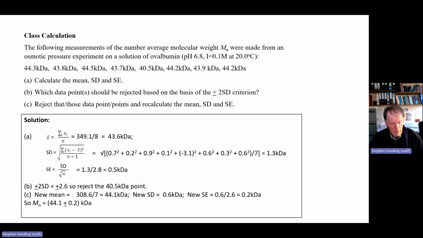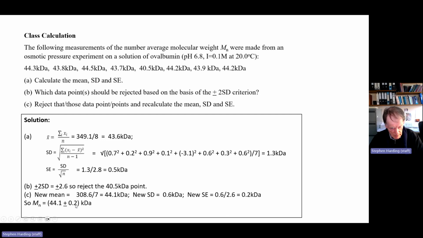So the final value for our number average molecular weight is 44.1 plus or minus 0.2 kilodaltons. Now, as the original data is given in terms of 3 significant figures, we stick to that in describing the final answer, 44.1 plus or minus 0.2.